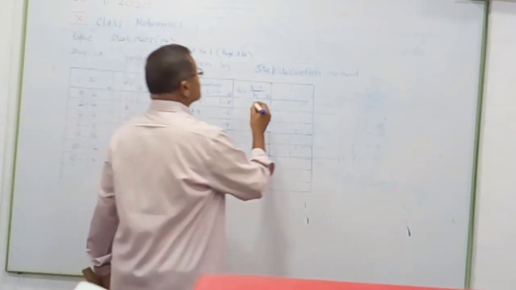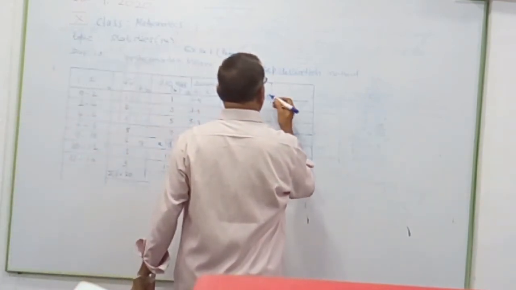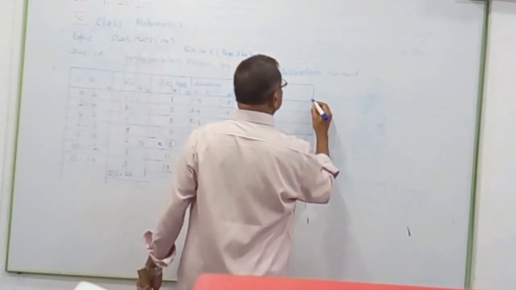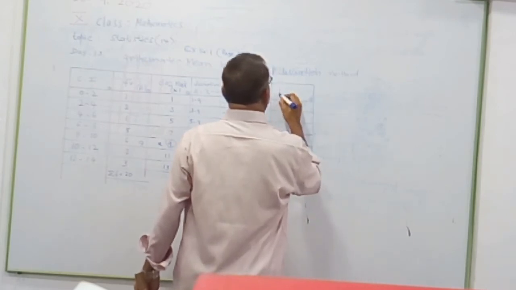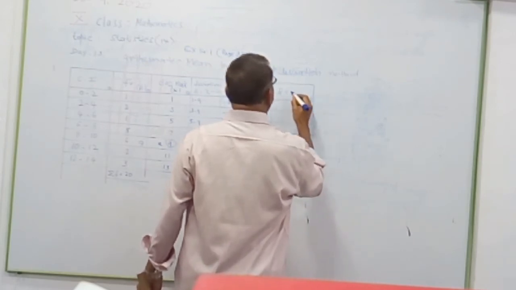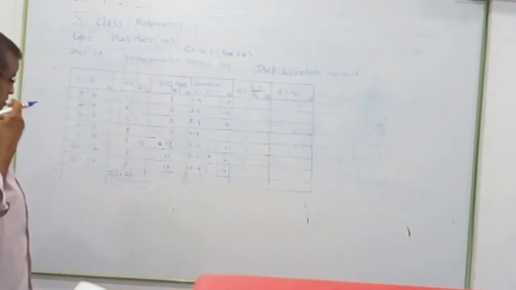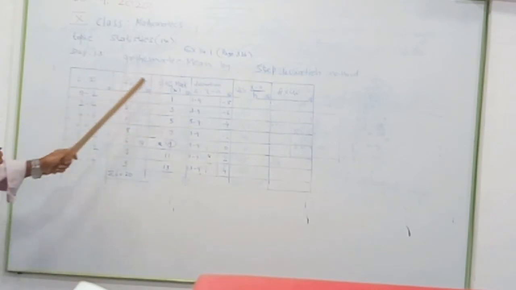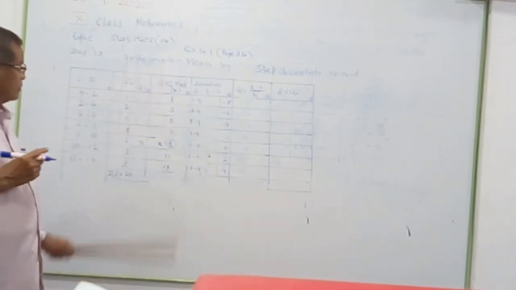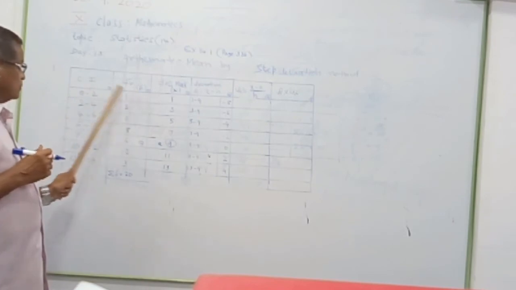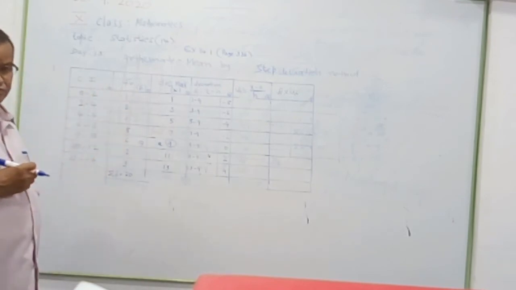Fifth column ui and sixth column fi into ui, frequency into step deviation. Up to 4 columns same. 1 to 2 will be given in question paper.